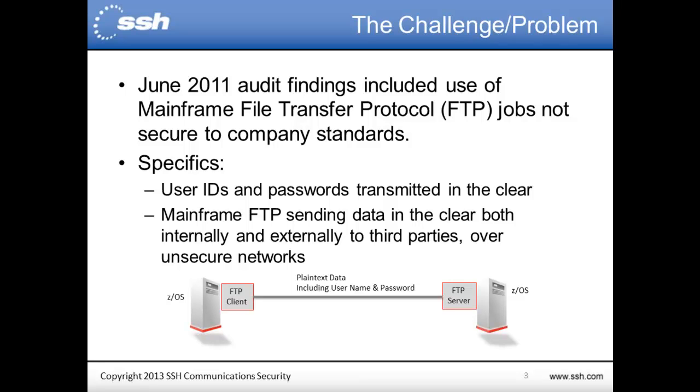Specifically, if you did an IP trace, you could see the user IDs and passwords were being transmitted in the clear. And this was to any FTP jobs we had going from the mainframe, whether it was internal or to third parties over unsecured networks.